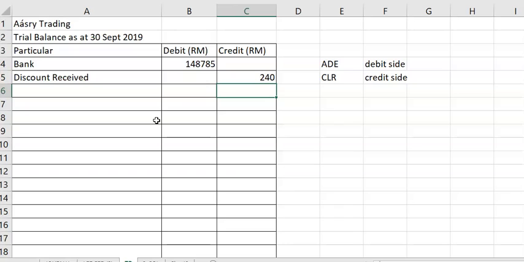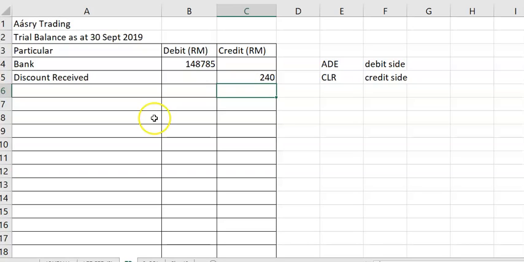If the account has zero balance, meaning it does not have any balance, you do not put the name of the account, the particulars, in the trial balance. You shouldn't put it.